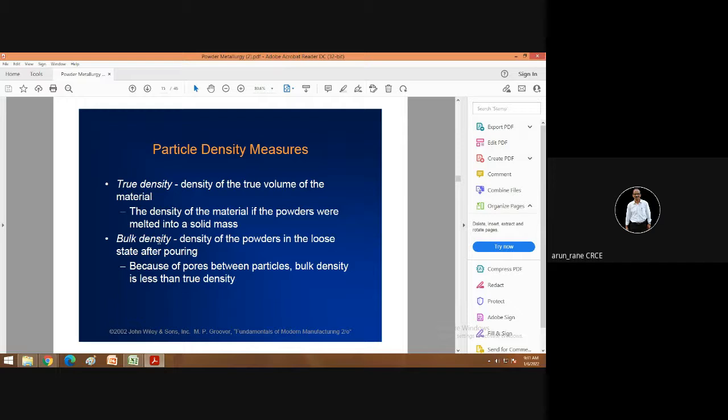These are the two density parameters: one is true density and another is bulk density. Bulk density is nothing but the density of the powders in the loose state after pouring, and true density is the density of the true volume of the material.